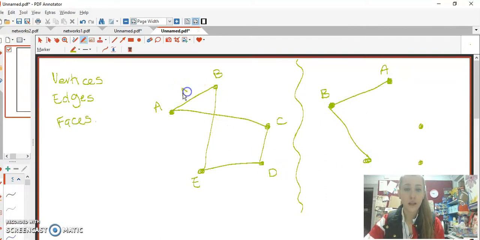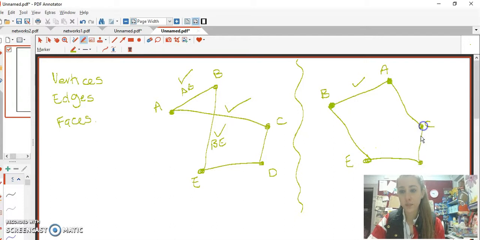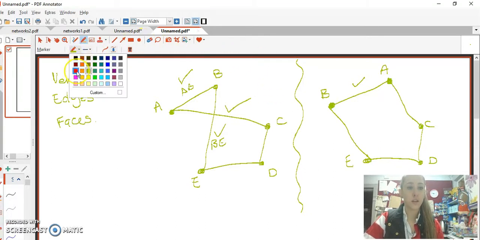So that's my BE, and then I've got my AC connection here. Beautiful, got that one. And then down the bottom, I've got the same E to D and C to D. Beautiful. So now I'm going to go through and work my answers.